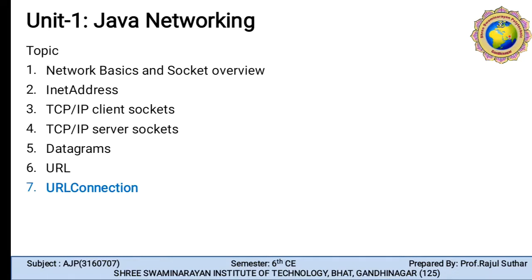The role of the URLConnection class is to communicate between client and server. An instance of the URLConnection class examines the properties of the remote object prior to transporting it locally.